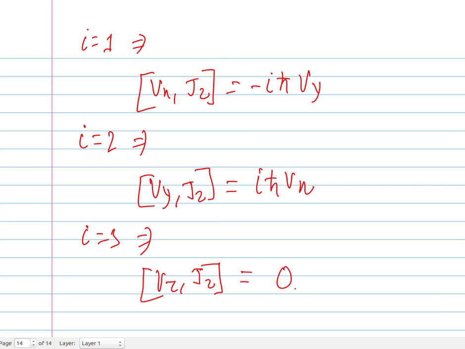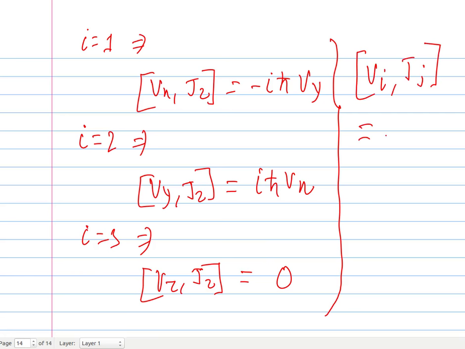Now if you look closely, you can find a pattern, and basically I can write this as Vi commutation Jz equal to i epsilon_ijk h bar vk. Here this i is the imaginary unit, and this is the index i, so these are different.